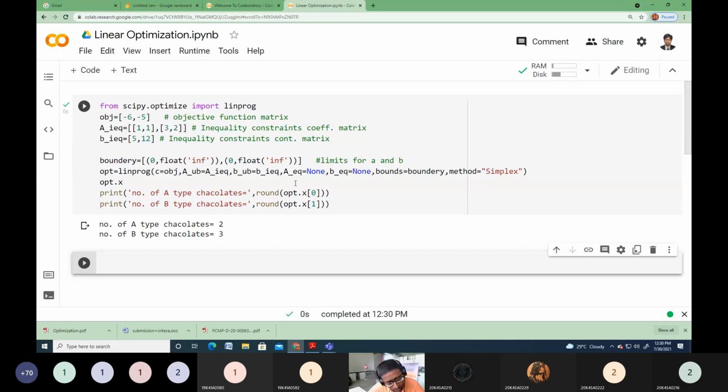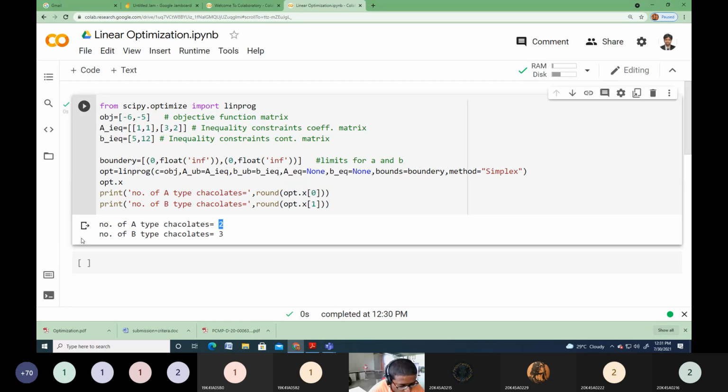You are giving the solution to your client. That means the number of A-type chocolates you have to produce is 2, and the number of B-type chocolates you have to produce is 3. Then only you will get the maximum profit. Hope you understand, right?